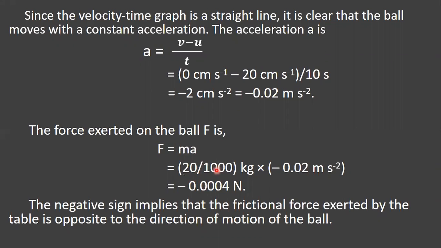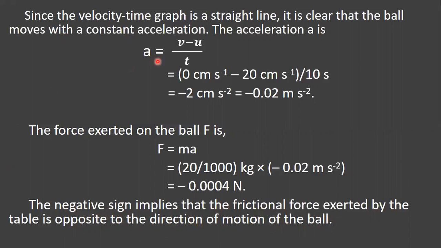Convert into kg, that is 20 by 1000 kg, into acceleration minus 0.02 meter per second square. By solving this you will get minus 0.0004 Newton. The negative sign implies that the frictional force exerted by the table is opposite to the direction of the motion of the ball.